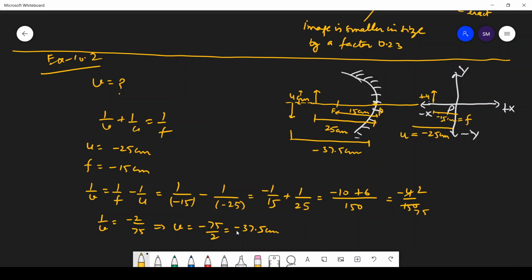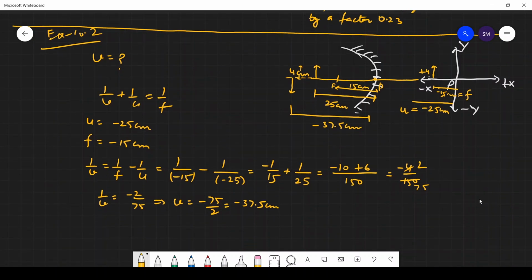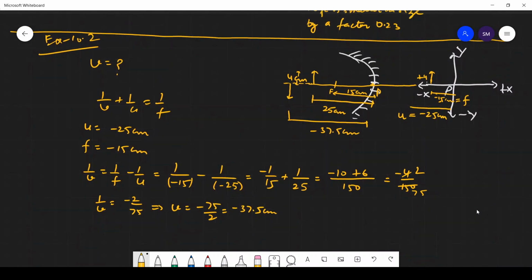Okay, so whatever you have calculated in the numerical, then find its significance. Now, what will be the magnification? So magnification is h dash upon h, that is equals to minus v by u.